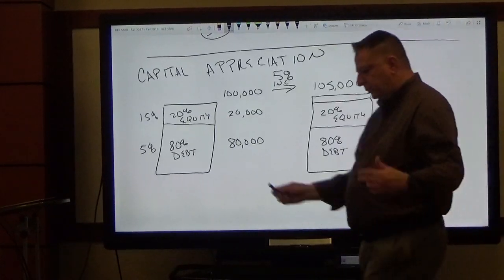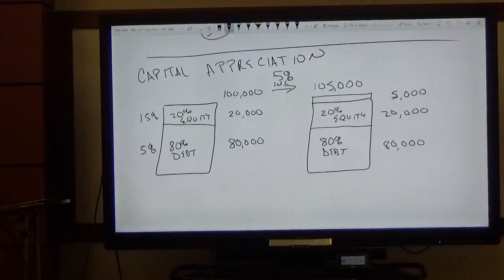Now, if we were to cash out of this deal, and the value were to go up to that $105,000, how much equity did we originally put in?